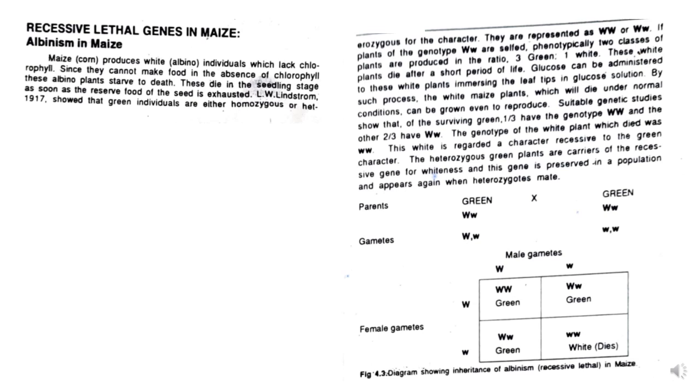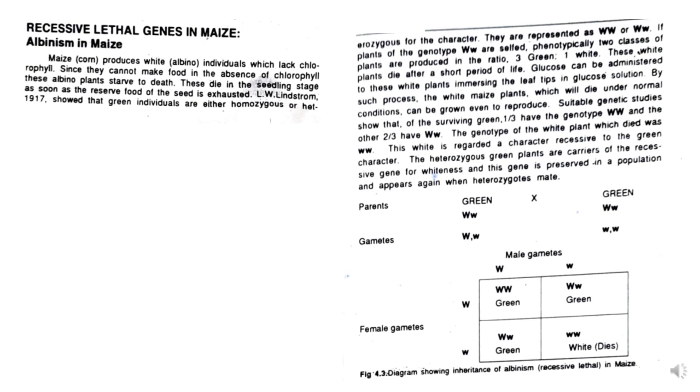The heterozygous green plants are carriers of the recessive gene for whiteness, and these genes are preserved in the population and appear again when heterozygous individuals meet. So this is the second example of lethal genes which we have discussed in plants, where the white small w is recessive, or the white character is lethal to the green gene.